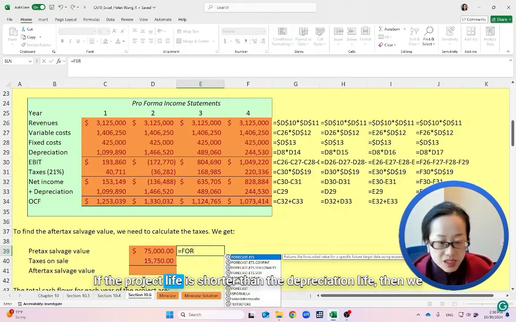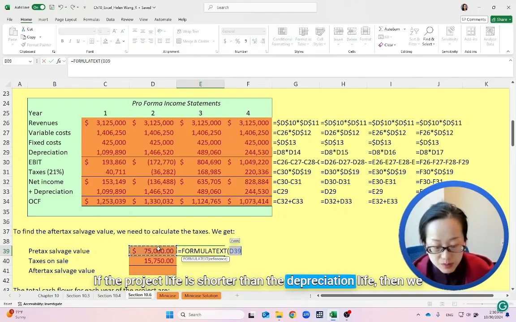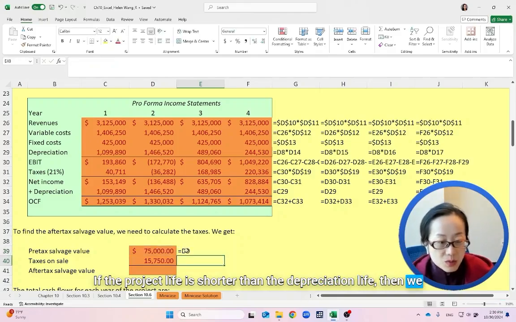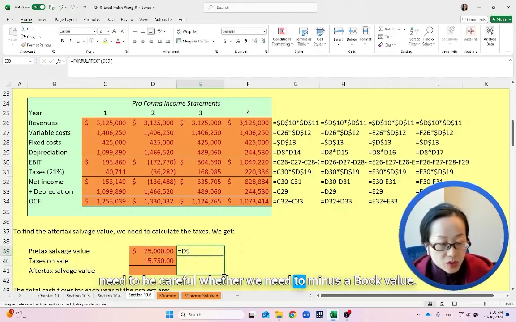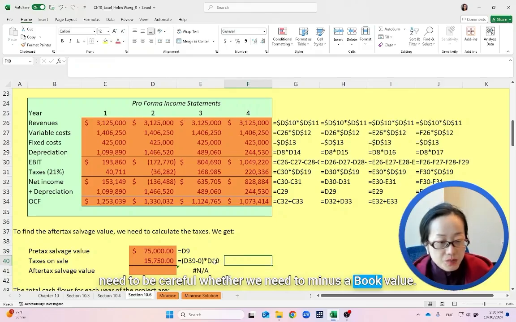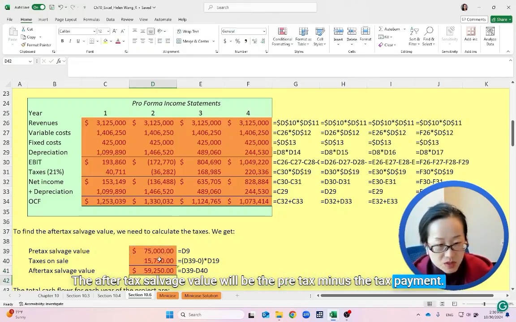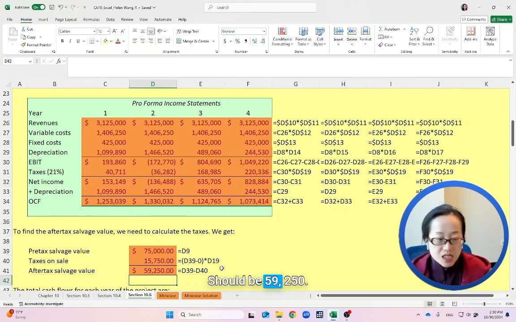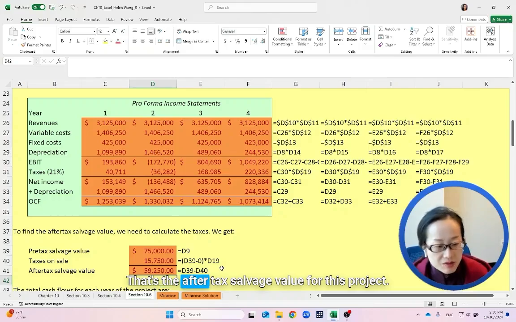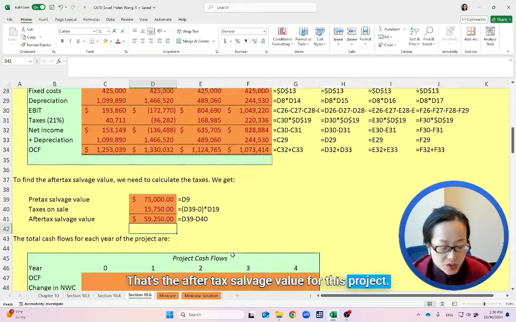If the project life is shorter than the depreciation life, then we need to be careful whether we need to subtract a book value. The after-tax salvage value will be the pre-tax value minus the tax payment. It should be 59,250. That's the after-tax salvage value for this project.